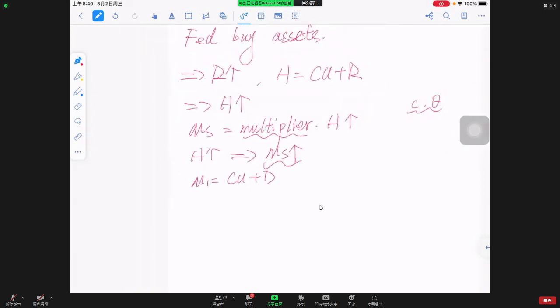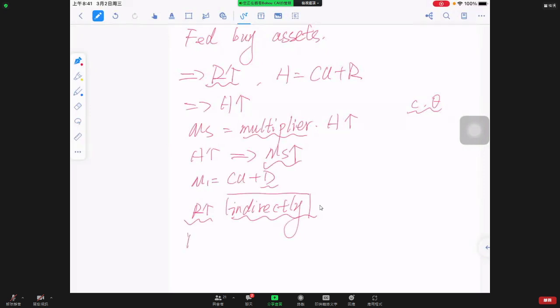And this action, as I said, the Fed buying assets will increase the reserve of commercial banks, so it directly affects R, not D, right? So R increases. So this was indirect. When you answer this question, you have to clearly indicate that it was an indirect effect because it affects R, not D.